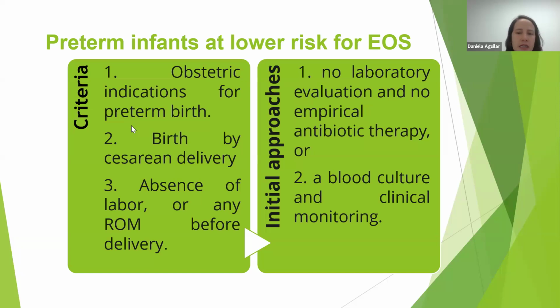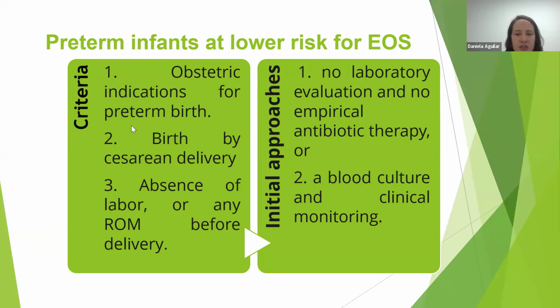However, there are criteria for preterm infants to be considered at a lower risk for early onset sepsis: obstetric indications for preterm birth, such as maternal preeclampsia or other non-infectious medical illness or placental insufficiency; and birth by C-section with absence of labor, attempts to induce labor, or any rupture of membrane before delivery.